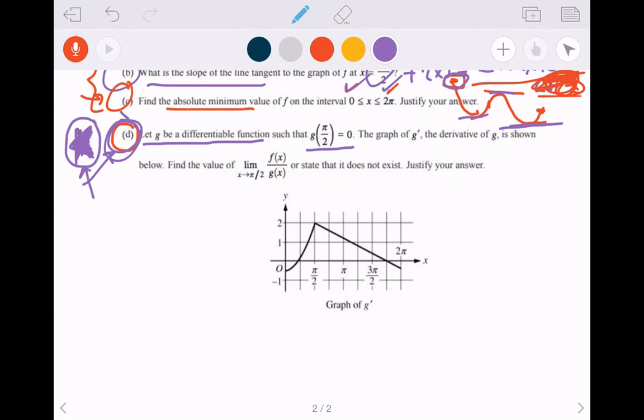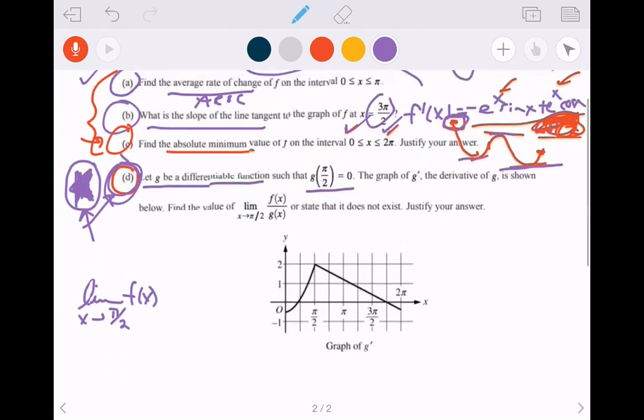It says to find the value of the limit. So this is a limit question, or state that it doesn't exist. Remember, the first thing we do when evaluating a limit is we plug pi over 2 into the top and into the bottom. Let's go plug it into the top. So let's go the limit as x approaches pi over 2 of f of x. Okay, let's go see what that is.